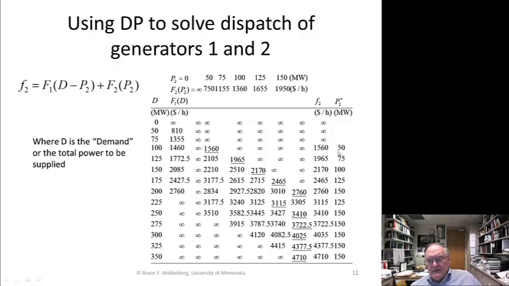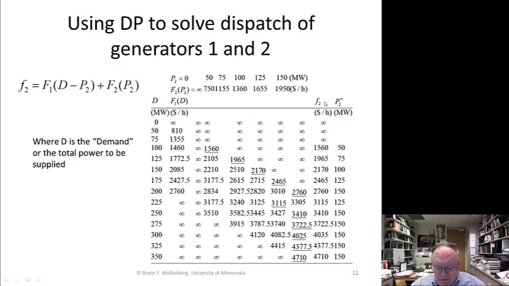If D is the delivered power and this one is 100, then the function actually comes in down here. For 200, then 150 would be the value for D minus P2, and so I can get values in this table, and that's the F2 way over here.